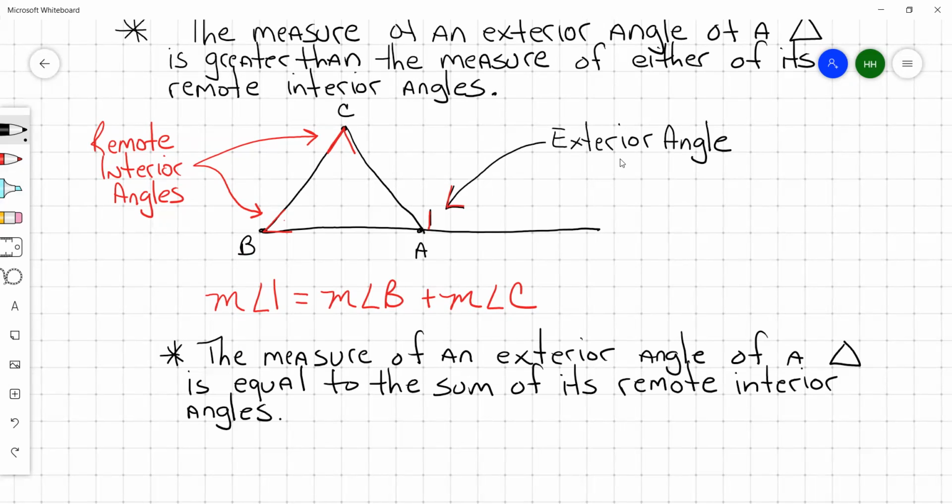The exterior angle is greater than each of its remote interior angles because it's equal to the sum of those two interior angles.